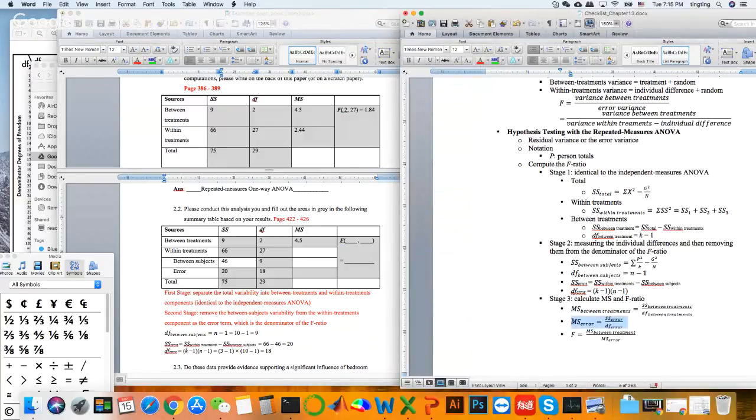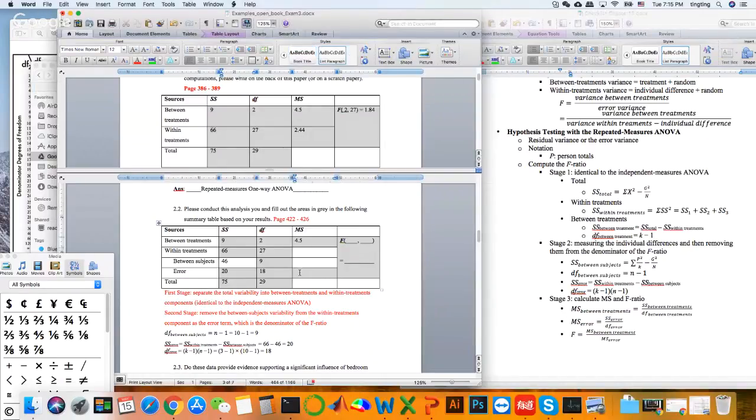So let's compute this. The MS, right, we just need to fill out the gray area, just this one. If it's in white, it means you don't need to fill out anything in that cell because we don't need to compute.